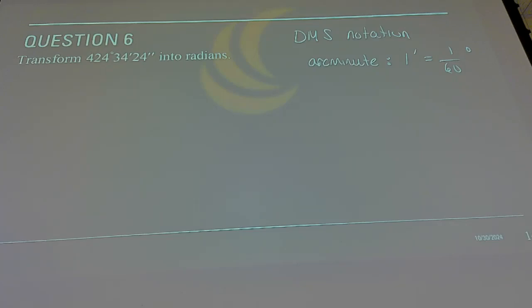An arc second is 1/60th of an arc minute. There are 60 arc seconds in one arc minute.